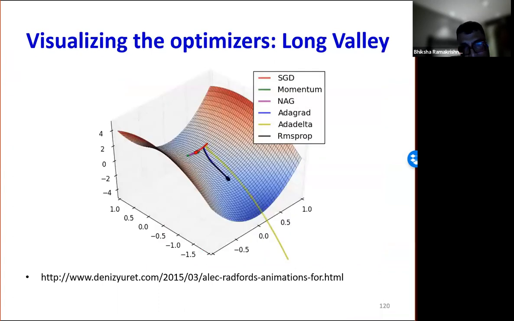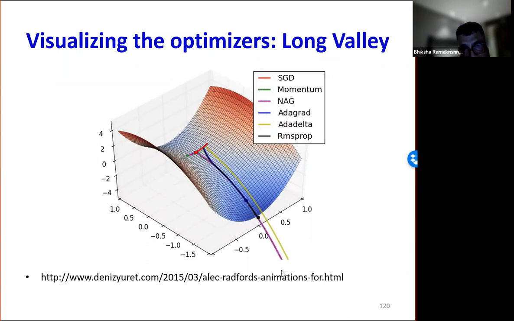Now, this one's a more interesting one. This is a long valley, so it's basically rolling off out here. The minimum is somewhere down here. Observe how SGD finally finds this place and it's happy. It's not going to move out of there in this valley. Momentum, because the derivative in this direction is very small out here, is initially going to keep swinging back and forth. Then eventually when it gets here, it's going to find this derivative and accelerate. Nesterov does the same thing, but much quicker.